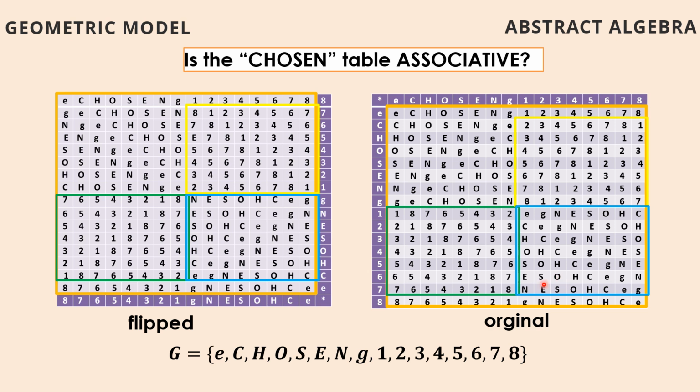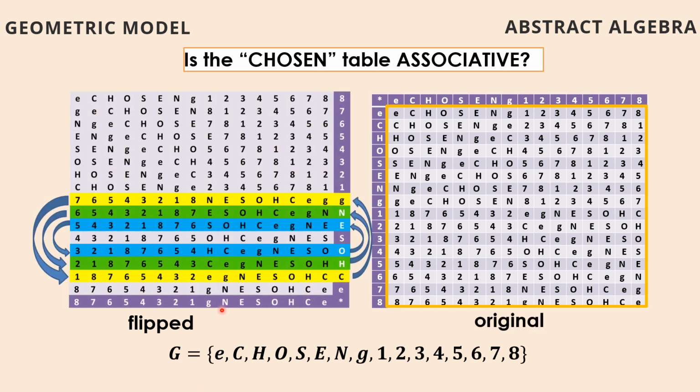So what we're going to do here is flip the rows and flip the columns. Now let's interchange row 9 and row 15, row 10 and row 14, row 11 and row 13 for it to be identical to the original table.